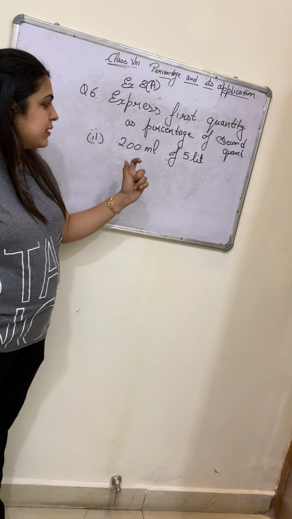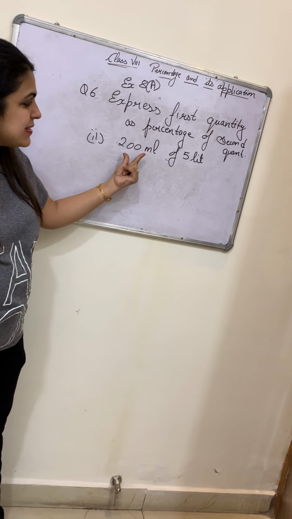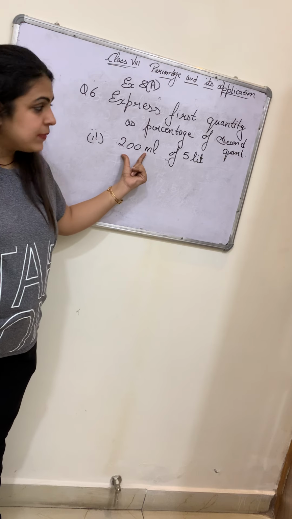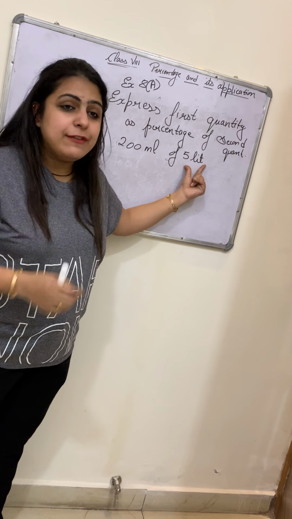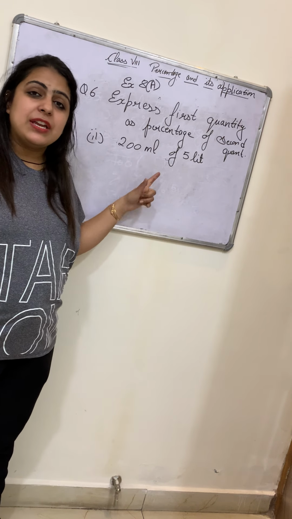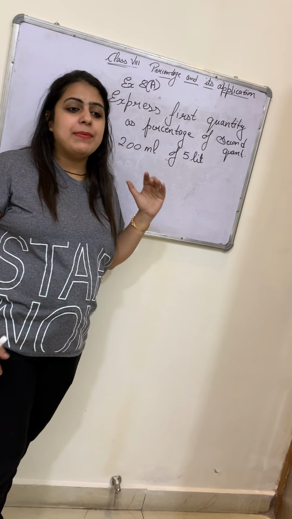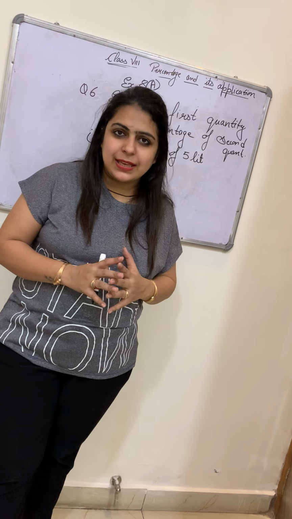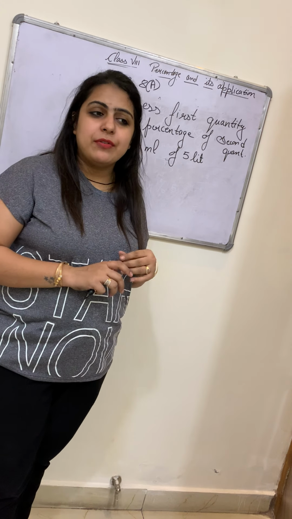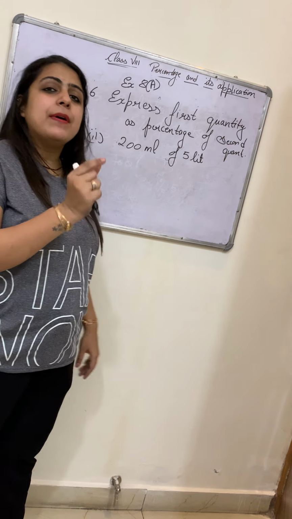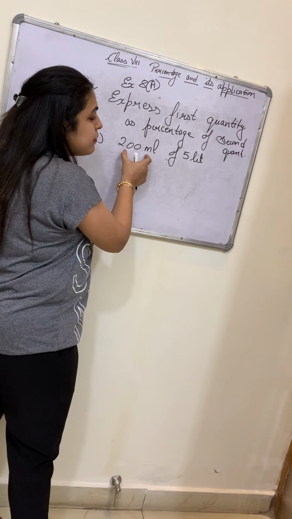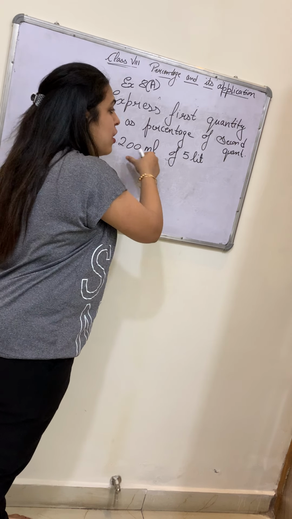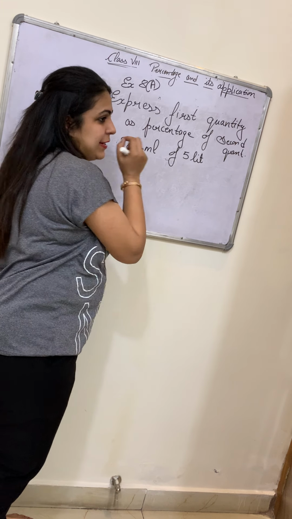If I am talking about this, I am going to express this 200 milliliters as a percentage of 5 liters. देखो अभी तक क्या था, हम जो भी परसेंटेज कैलकुलेट करते हैं वो 100 को बेस लेके करते हैं, राइट? वी टेक 100 इनटू कंसिडरेशन. अब यहाँ पर एक चीज़ और ऐड हो गई कि 200 मिलीलीटर्स की परसेंटेज निकालनी है. वी हैव टू कैलकुलेट द परसेंटेज out of 5 liters.